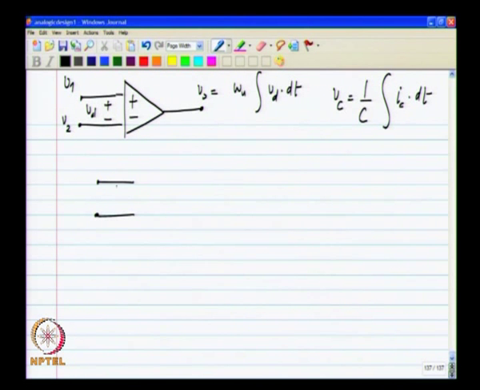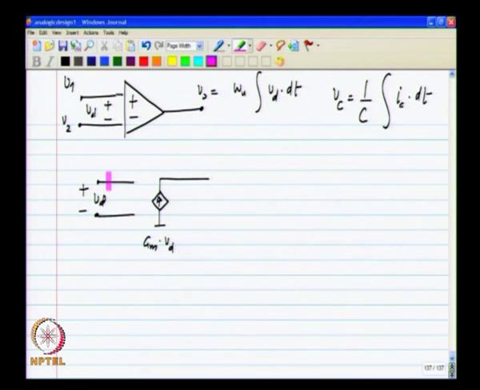The way to do that is by using a voltage controlled current source, and the voltage controlled current source will have a proportionality constant Gm and the current will be Gm times Vd.